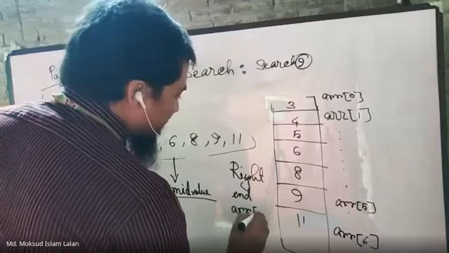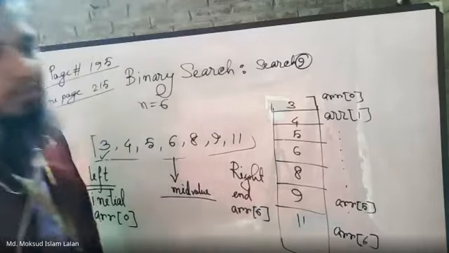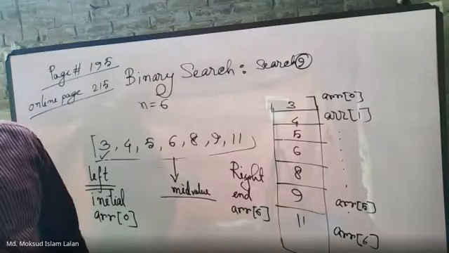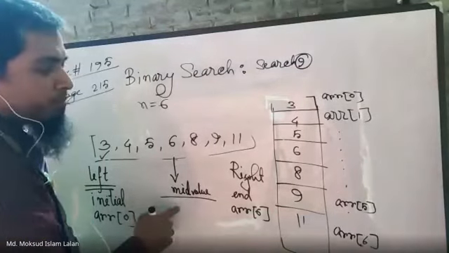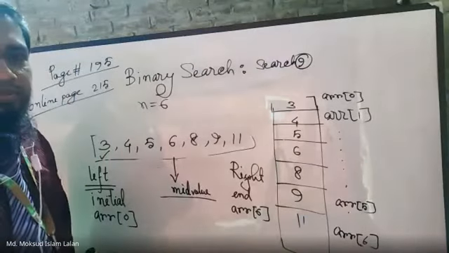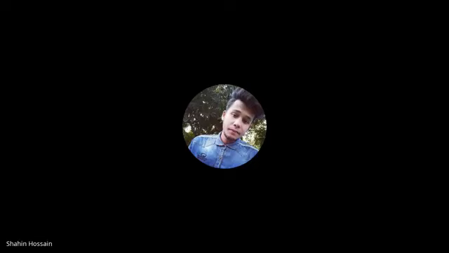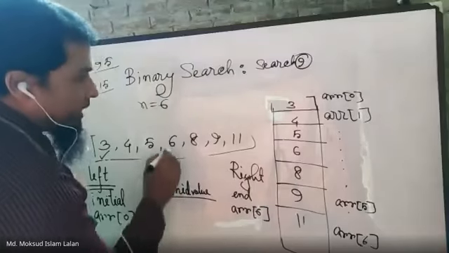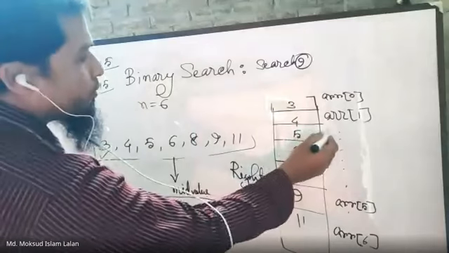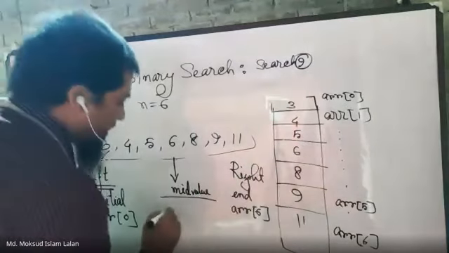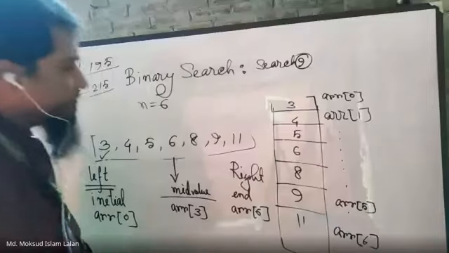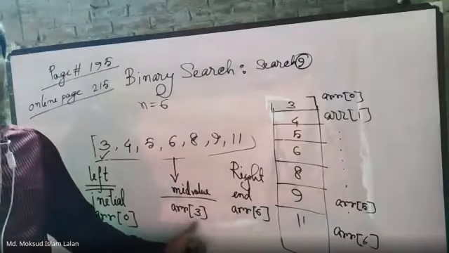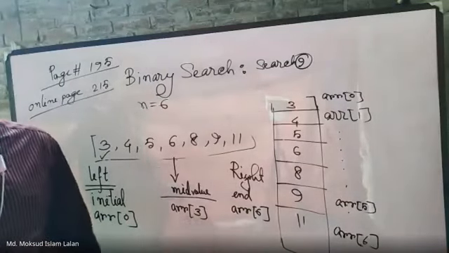N equals to 6 here, right? Yes, sir. What about the mid value? Sir, 6, index number 3. ARR 3, that is the mid value.